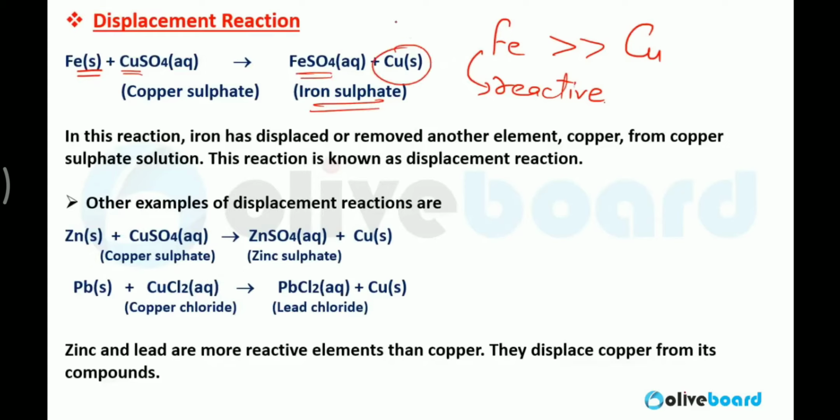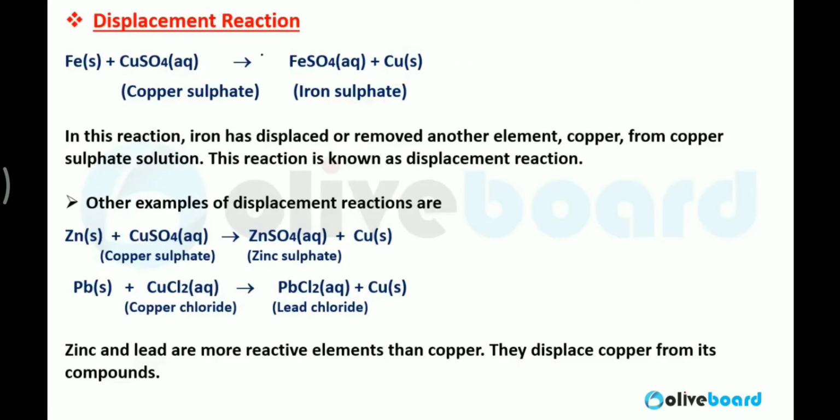in the form of solid, or in the form of precipitate. Clear? So what is going on here is that iron is displacing the copper and taking its place.